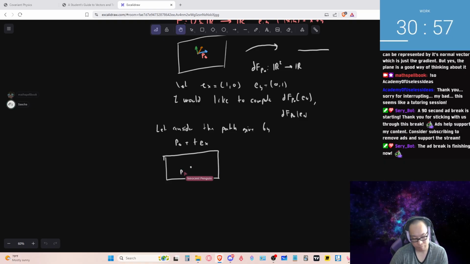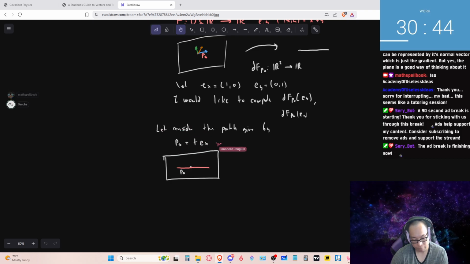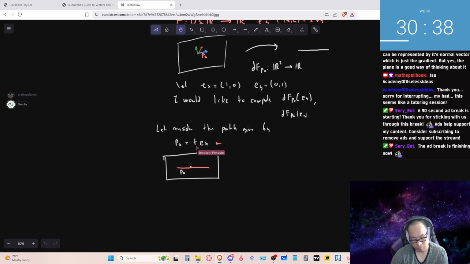So here we have p0, and then here we have the x direction, right, along those lines. The line I wrote in red is parameterized by this equation. If I vary t, I will just get a point on that. And what I want to do is study when t gets close to 0.